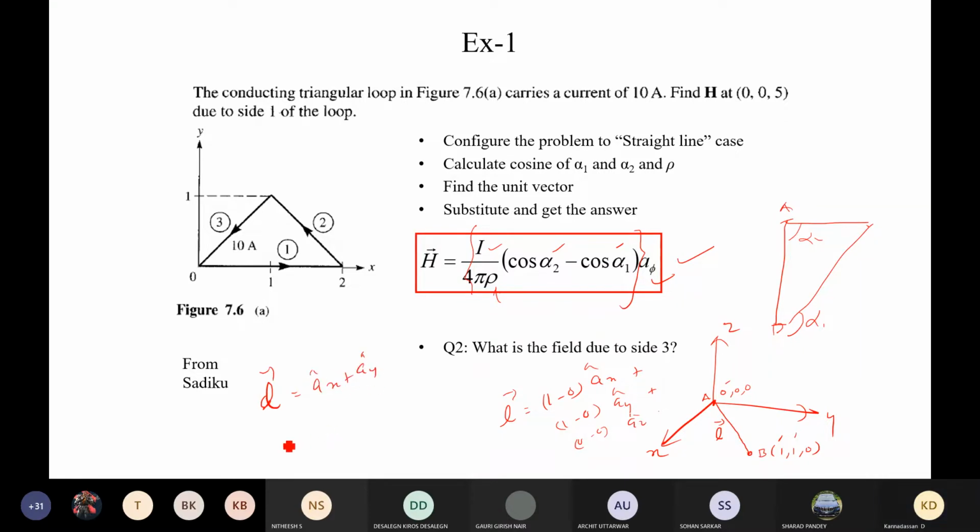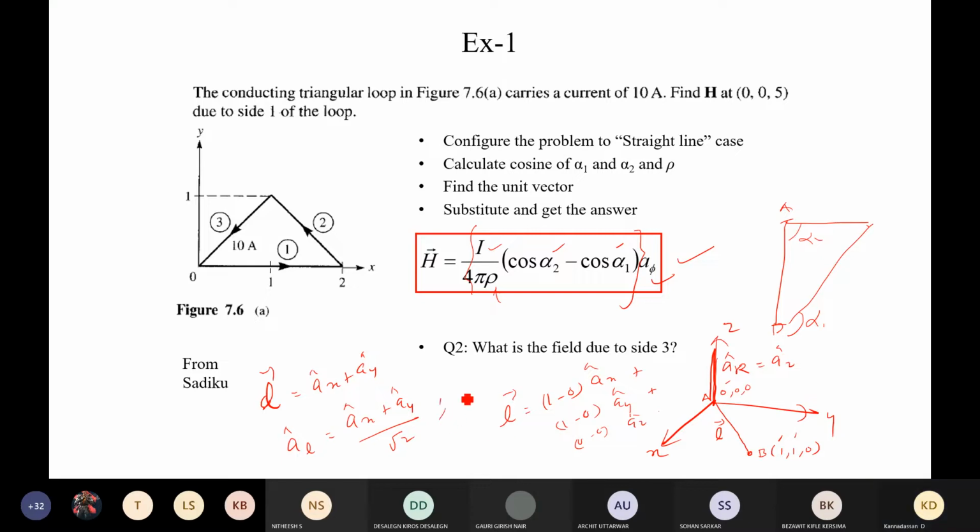And we have to calculate the unit vector of L. That is very easy: we take the magnitude and divide by it, so you get ax vector plus ay vector divided by root 2. Now this is the vector which takes the line joining. So where will this AR vector come? This AR vector is nothing but the az vector.